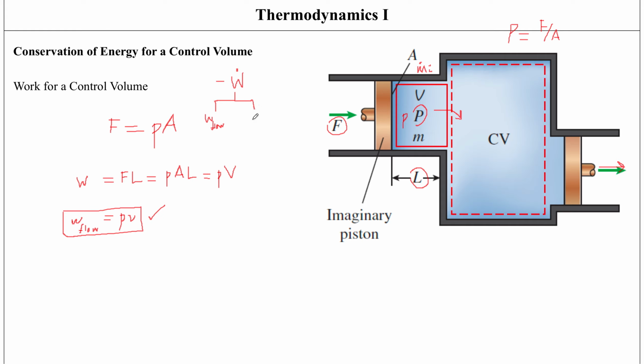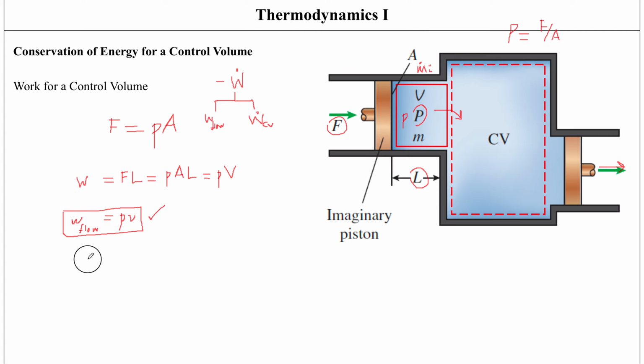All the other work done effects, like if there's a rotating shaft within our control volume, or if there's some boundary that is being moved, or if there are any electrical effects, all of that comes under work done across the control volume. So we can divide it into two, just to make it easier for our own understanding.